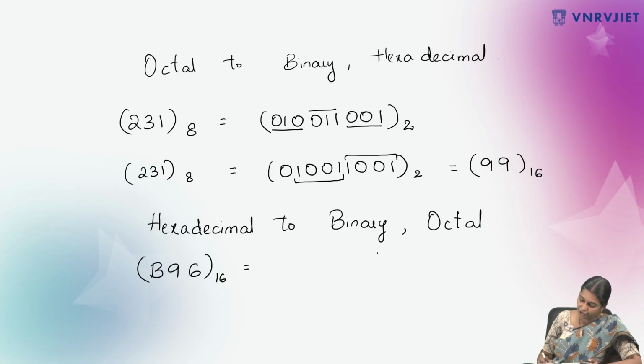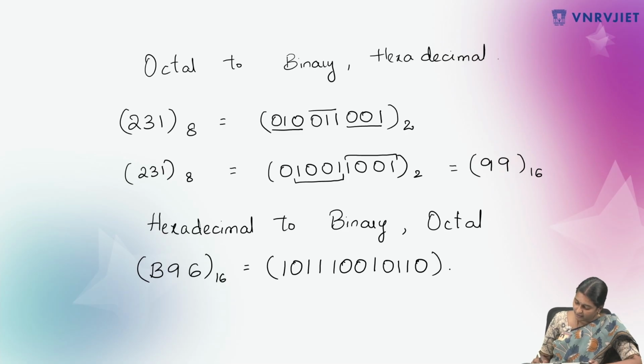Converting it to binary, when we want to convert hexadecimal to binary, use 4-digit binary for each digit. So B is our 11, which is nothing but 1011, right? 9 will be 1001, 6 is 0110. So this is our binary number, right?